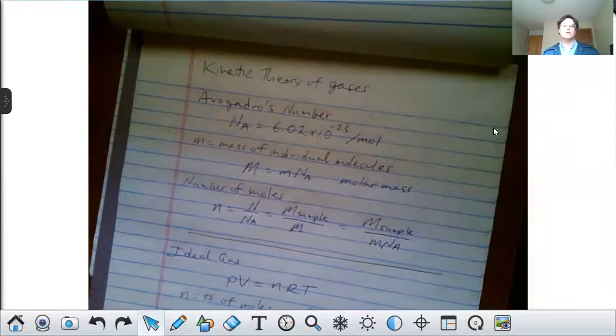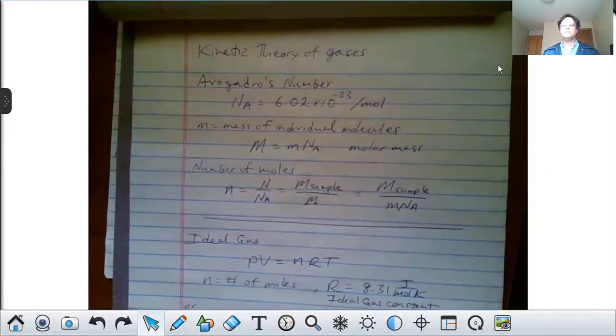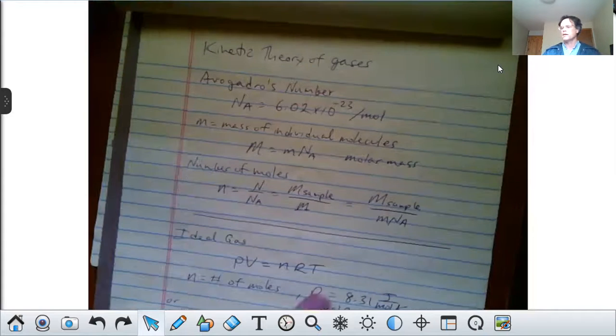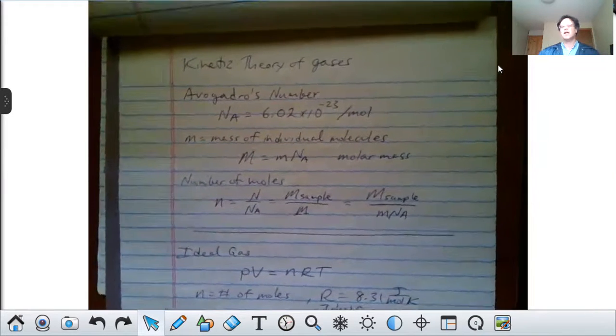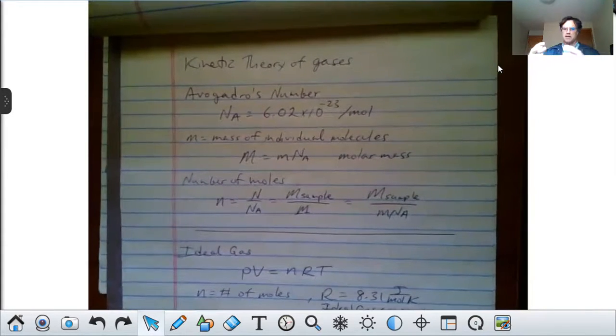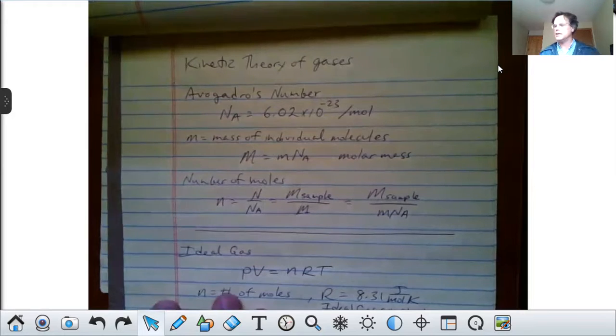So we're going to investigate some of those properties by using that model of these atoms with kinetic energy and kinetic motion moving around in the gas.